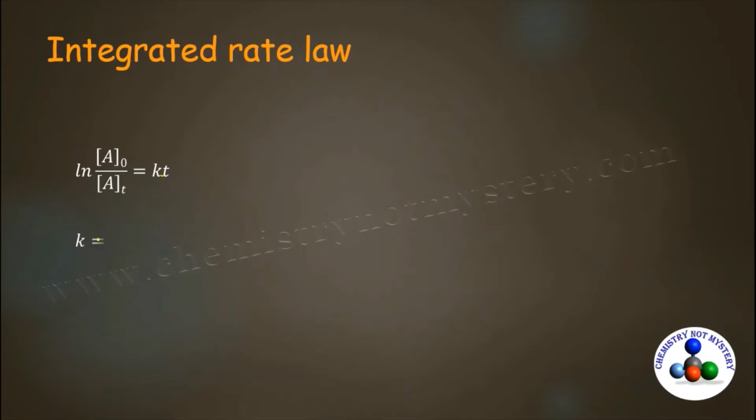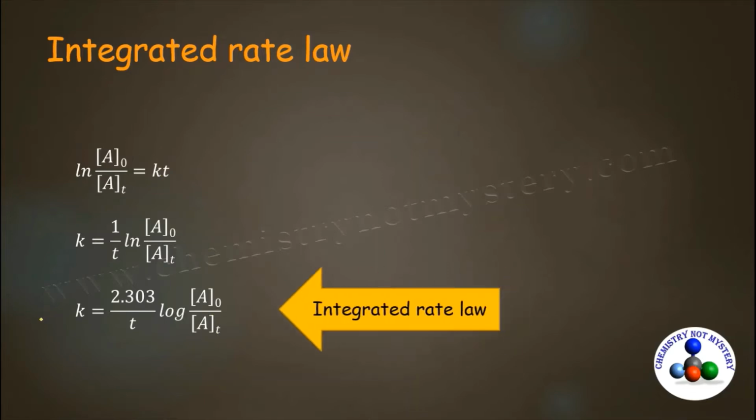So you will get k is equal to 1 over t ln A0 over At. If you want to convert ln to log, you have to multiply it by the factor 2.303. So you will get k is equal to 2.303 over t log A0 over At. So this is another form of integrated rate law for first order reaction.